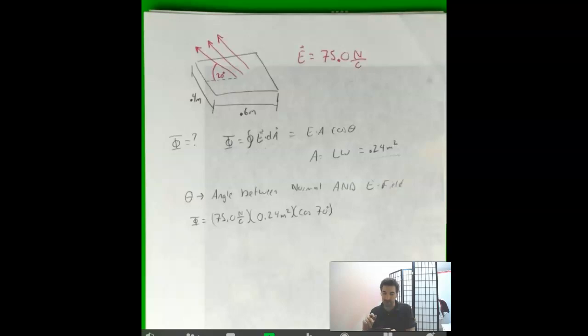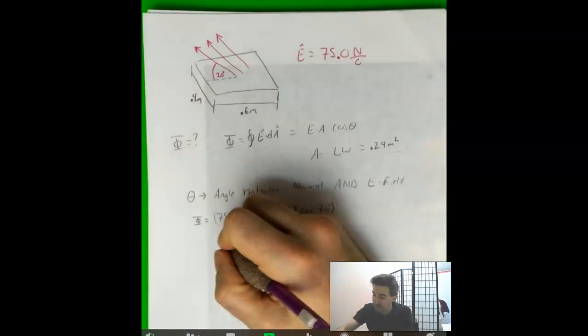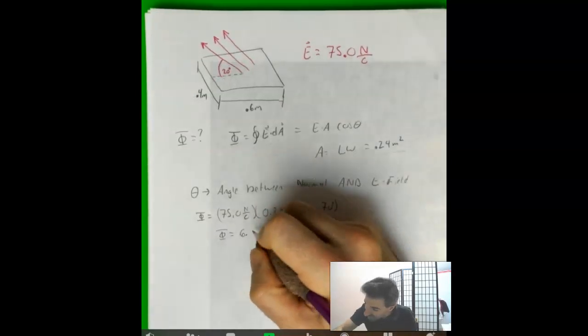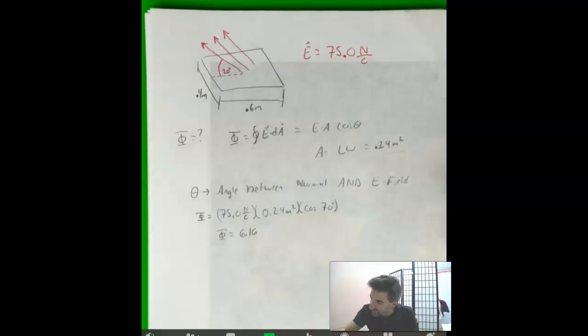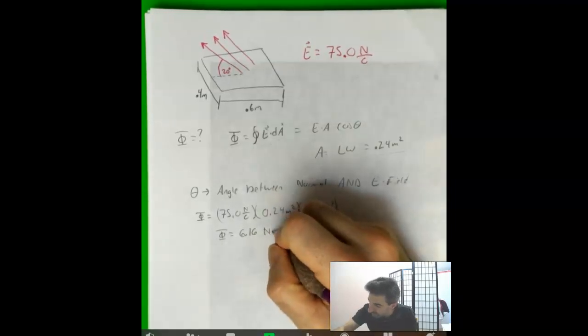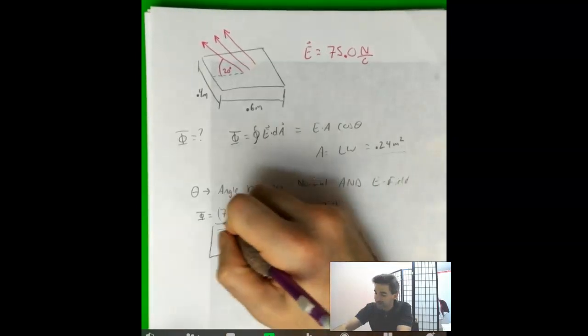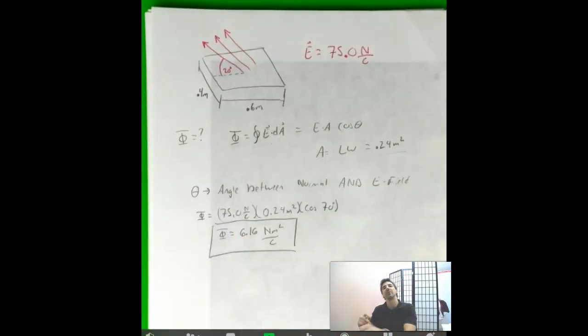I'd make sure I'm in degrees, and I would get the flux equal to 6.16, I'm going to call it, in newton meters squared per coulomb. Nice and simple two-dot problem. Slap it right in the face.